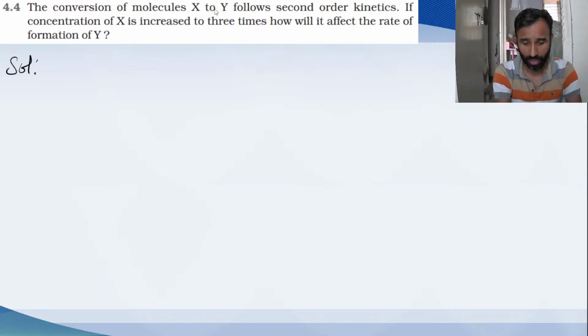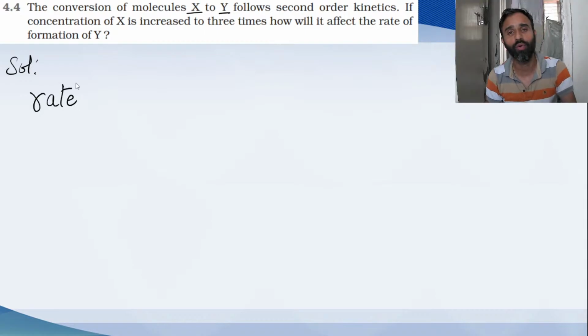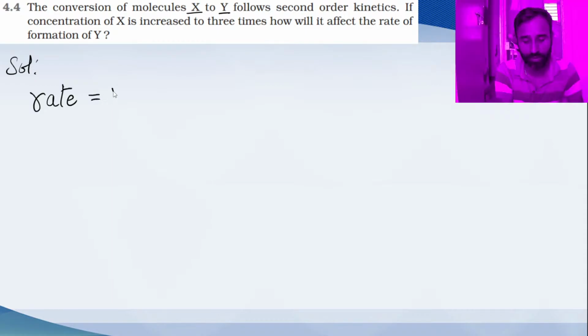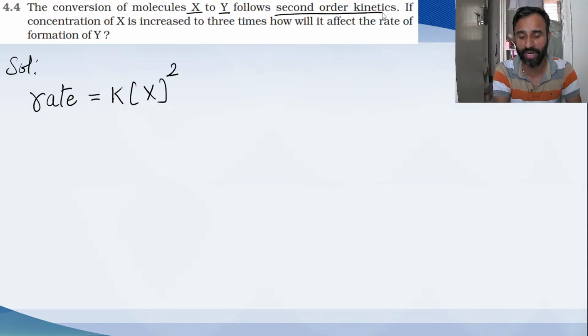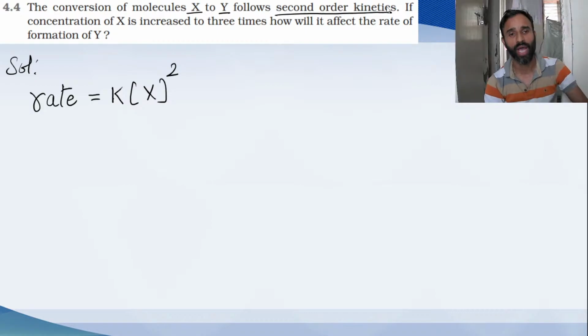That means the rate of formation of Y is rate constant into X raised to power 2, because it follows second order kinetics.